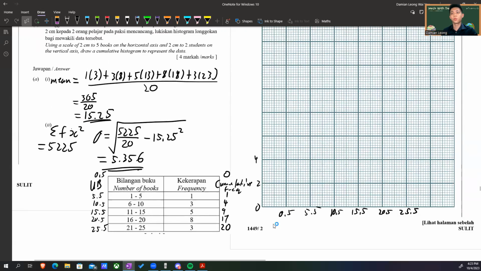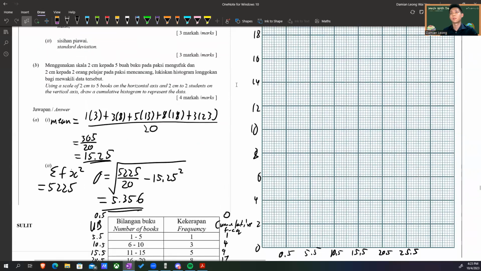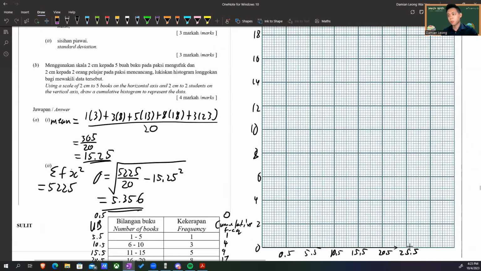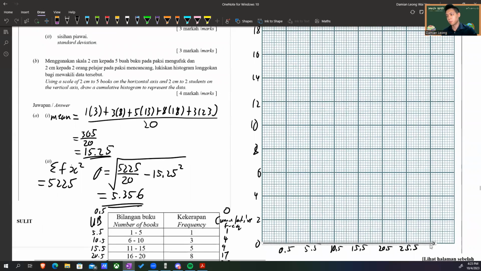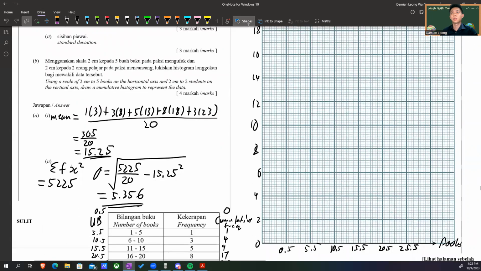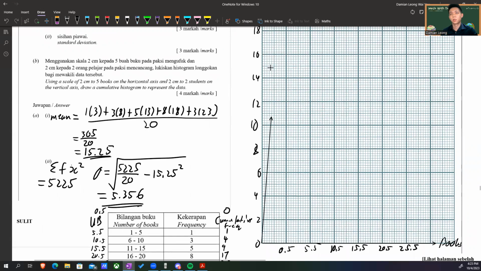So 0, 2, 4, 6, 8, 10, 12, 14, 16, 18, 20. I just need to go up to 20. So this is number of books, and the vertical axis is number of students.